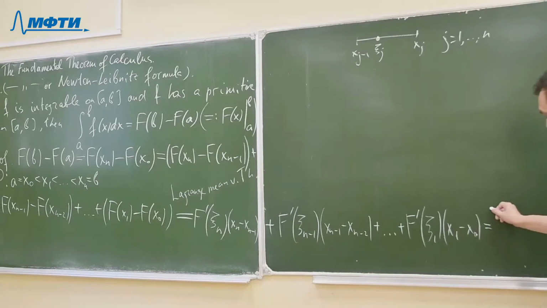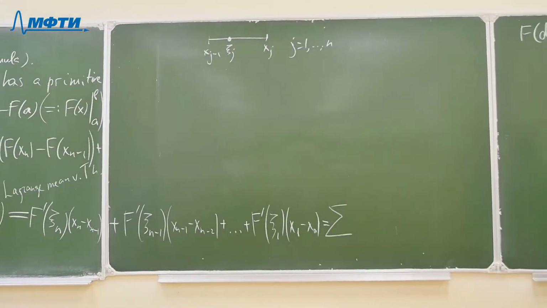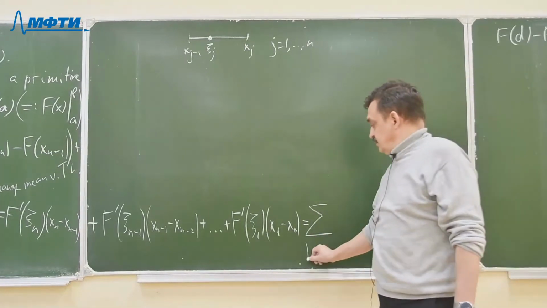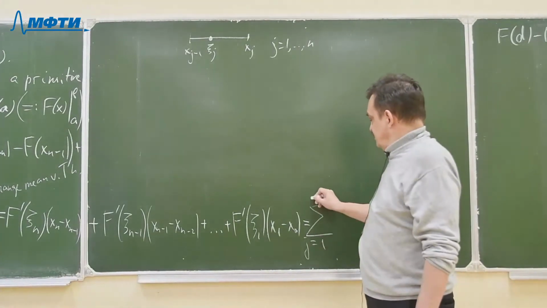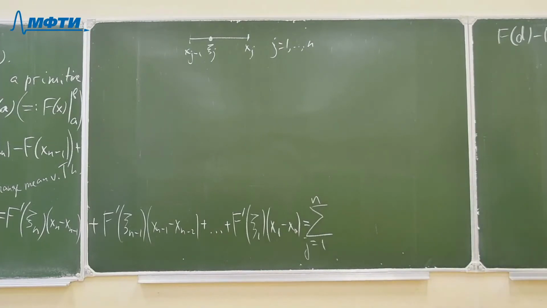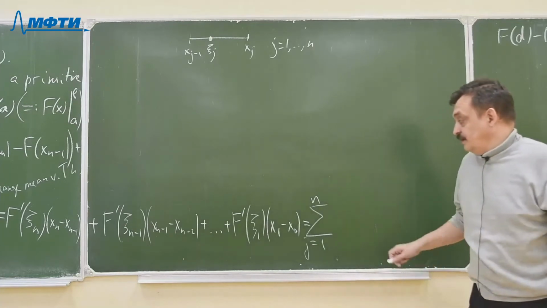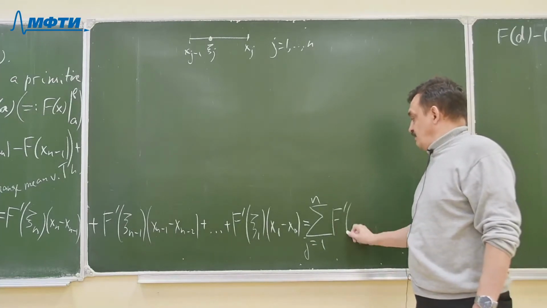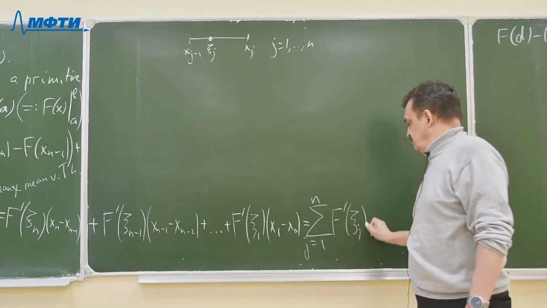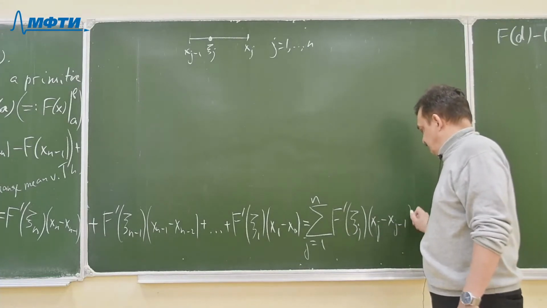I can write it using the summation sign. So we sum terms for j from 1 up to n, capital F prime at xi j times xj minus xj minus 1.